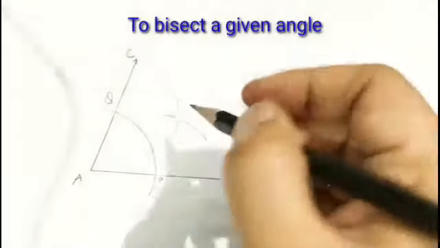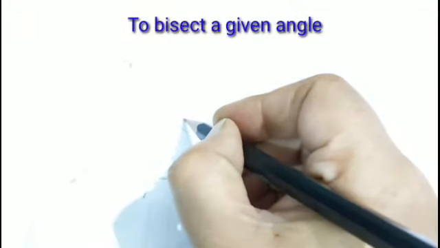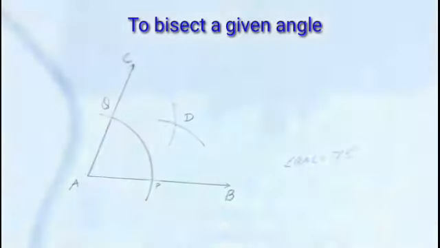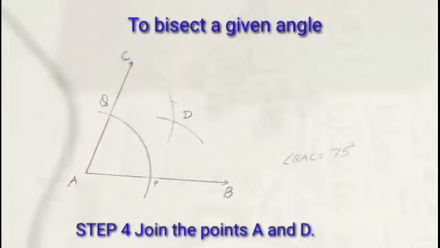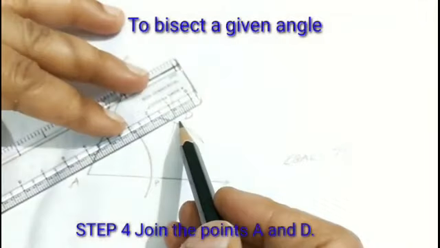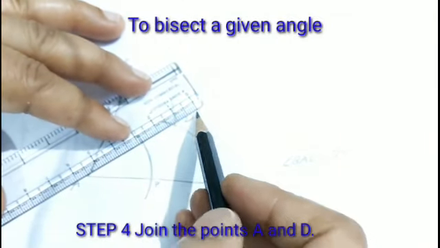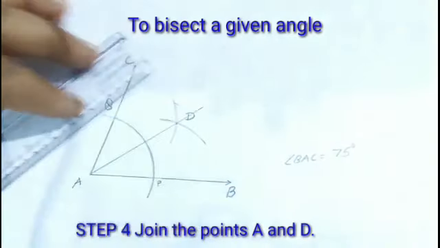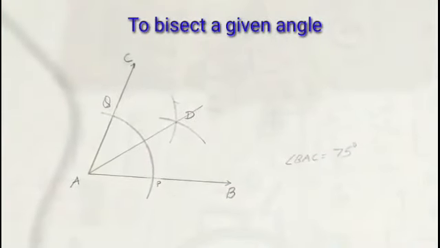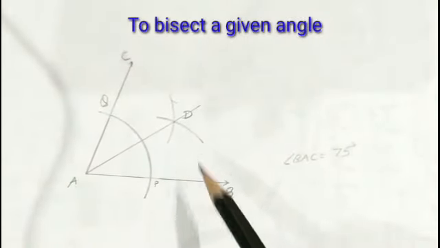The two arcs meet at point D. Step 4. Join A and D. The ray AD is the bisector of angle BAC.